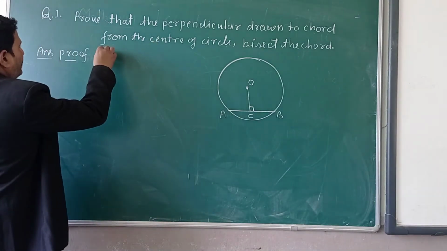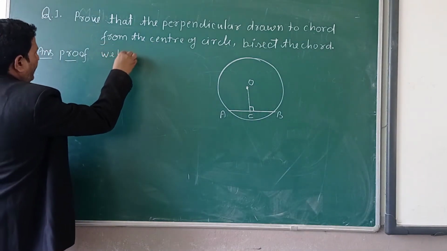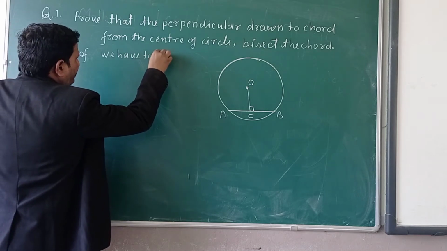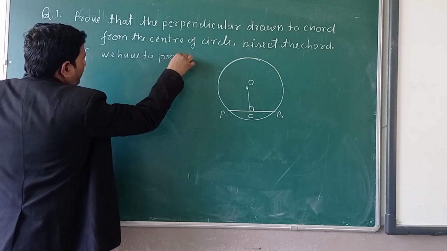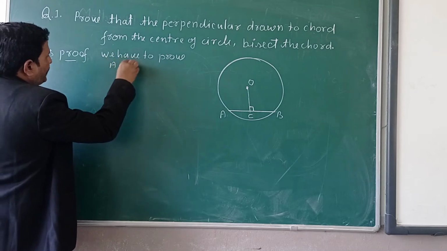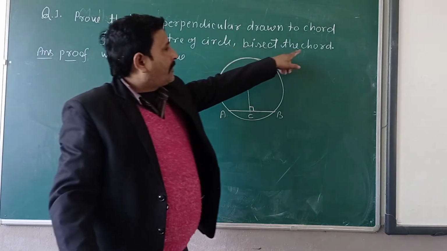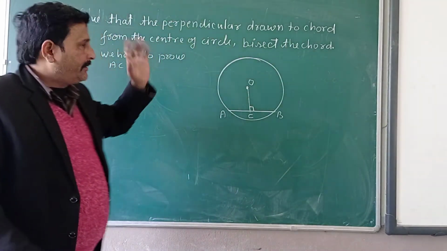Means you write we have to prove AC is equal to BC. This is your question. Bisect the chord. You have to prove this.